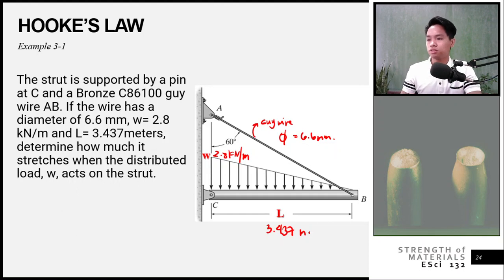Let me simplify this, especially your distributed force. I can simplify this easily. That should be 1/2 of the base times height, the area. 1/2 of the base, which is 3.437, and the height is 2.8 kilonewton per meter.